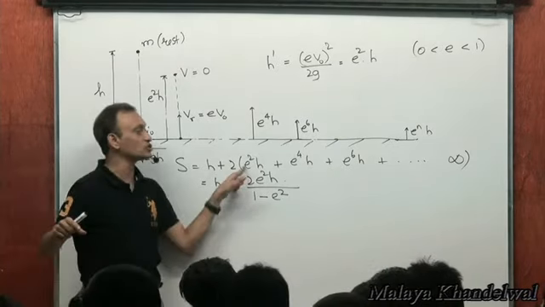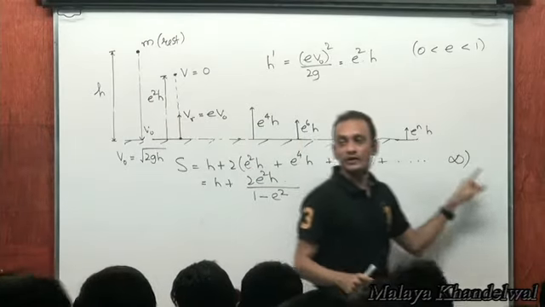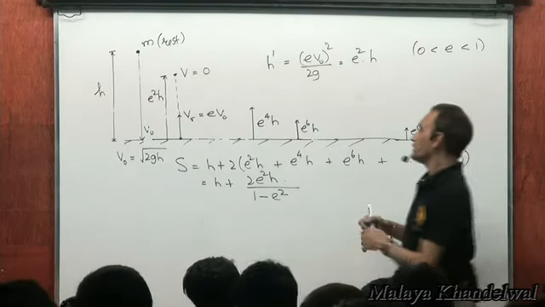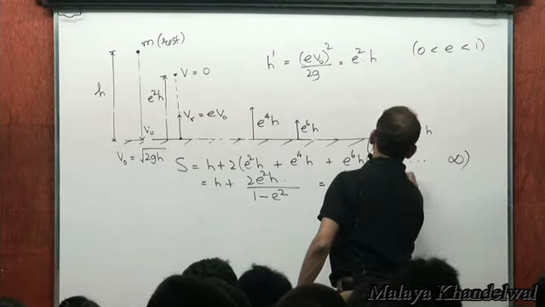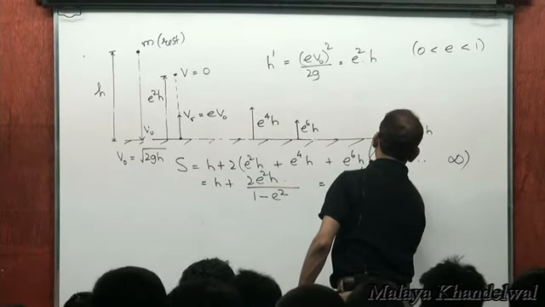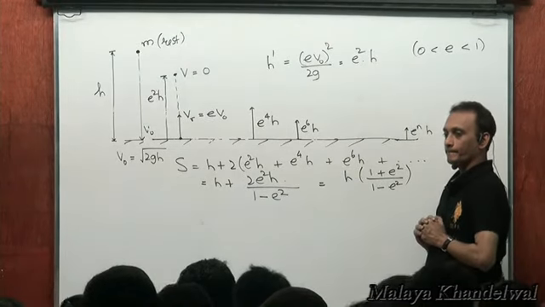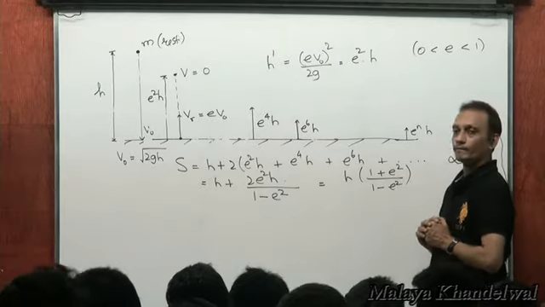I took e squared h common from this. So 1 plus e squared plus e to power 4 etc. is going to be 1 by 1 minus e squared. Right? This then is h into (1 plus e squared) by (1 minus e squared).